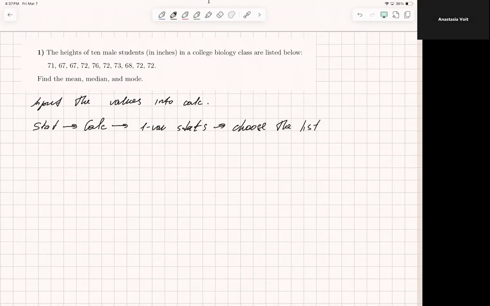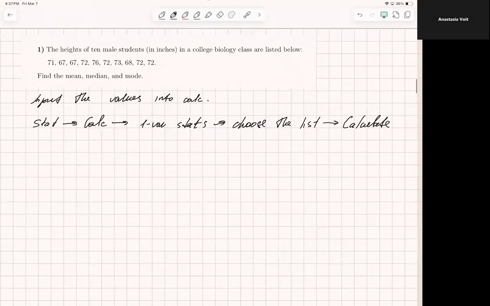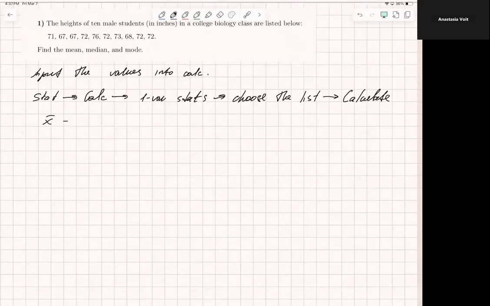By default, it's L1, and then press calculate. And X bar, that's the first line, that would be your mean.